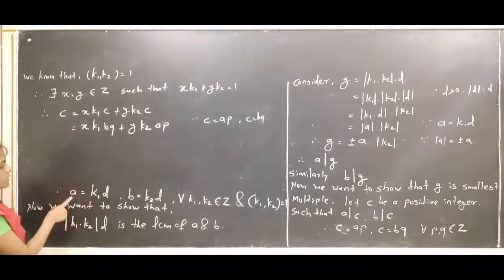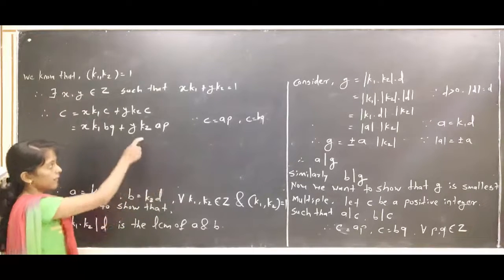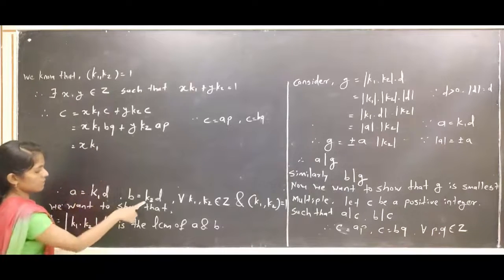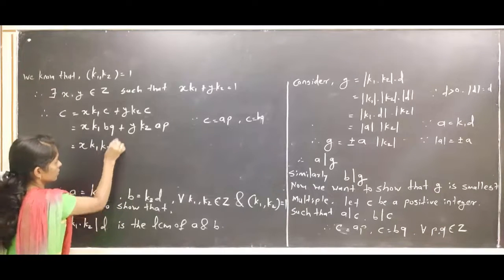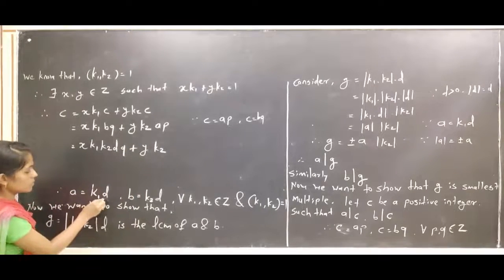So here a is nothing but k1d and b is equal to k2d. Substitute these two values here. So we get x k1, b is k2d, so k2d into q. Y into k2, here a is equal to k1d.